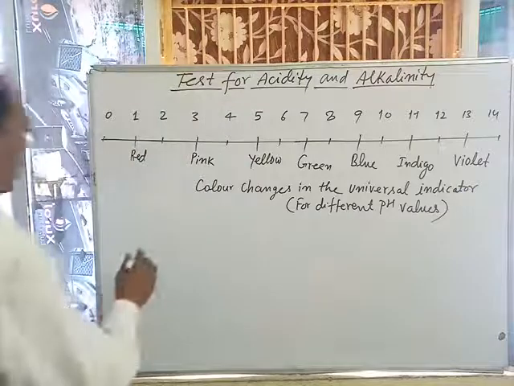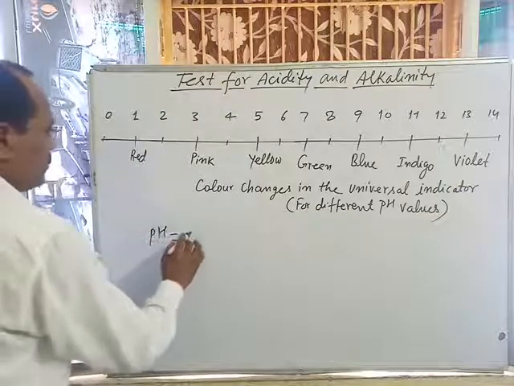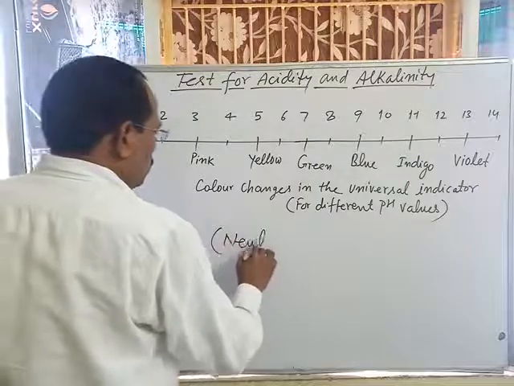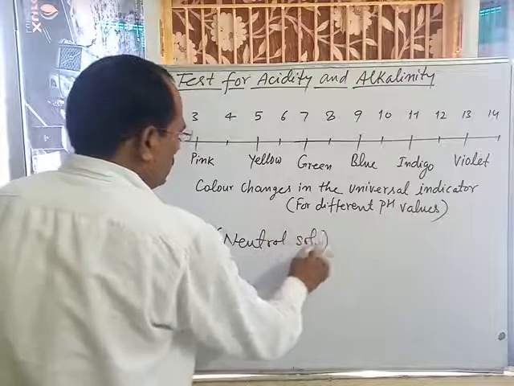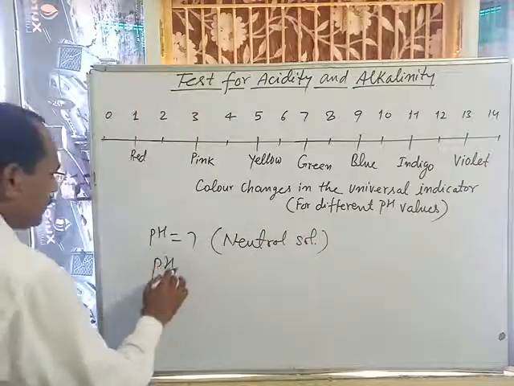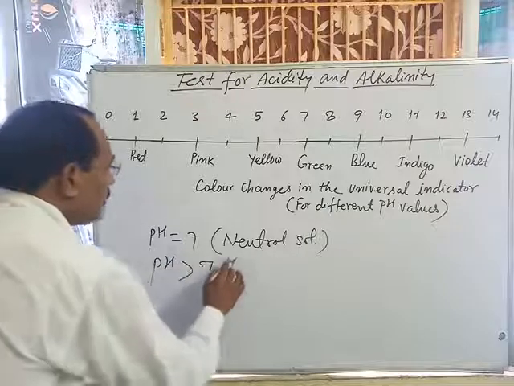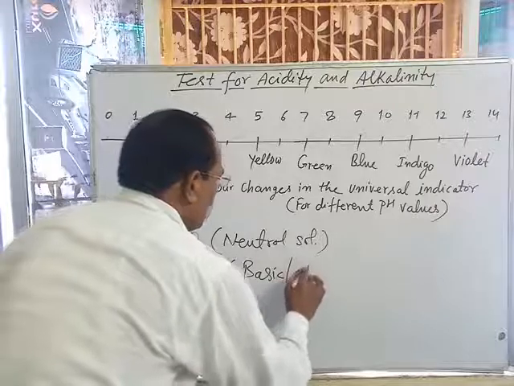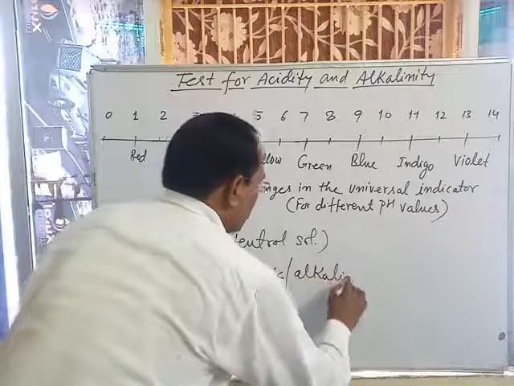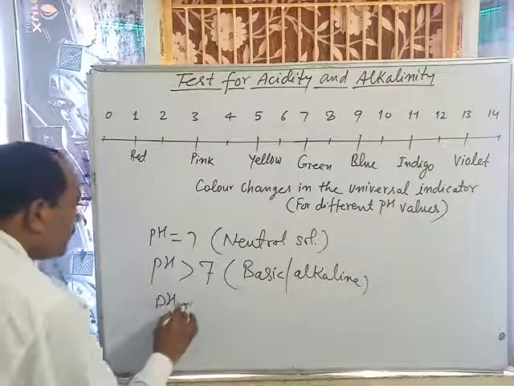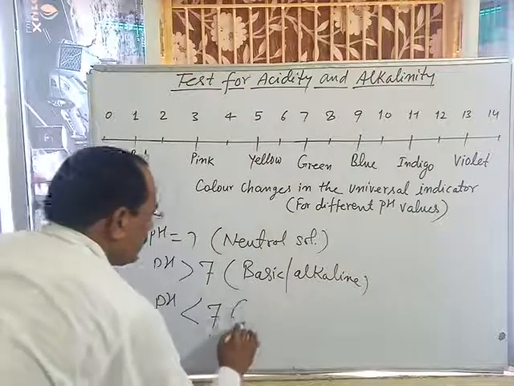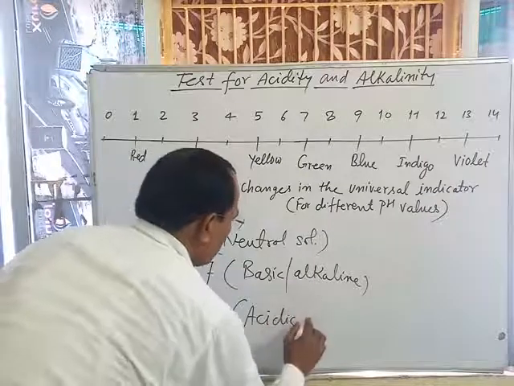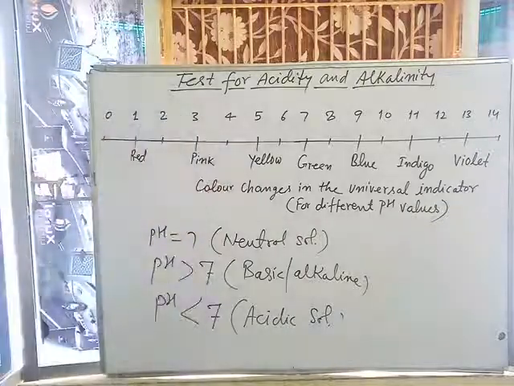A solution is said to be neutral when pH equals 7. When pH is greater than 7, the solution becomes alkaline or basic. And when pH is less than 7, the solution becomes acidic.